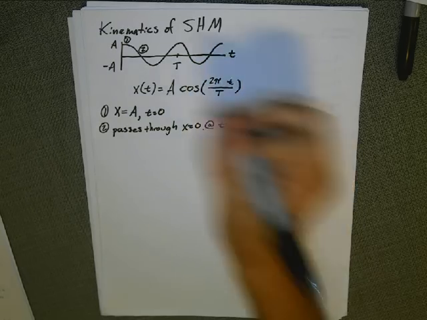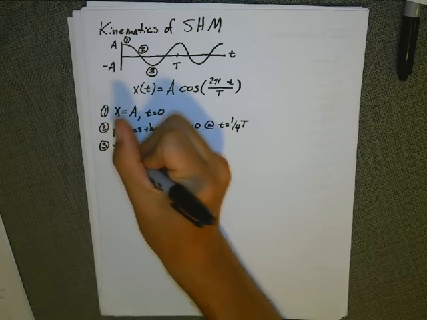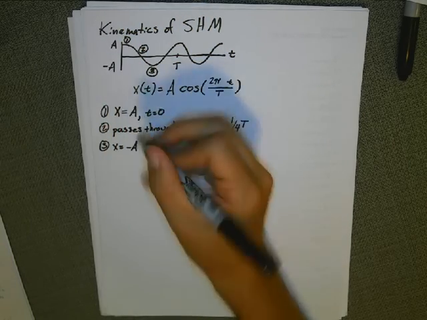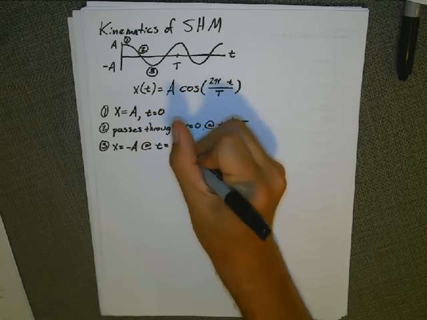At point 3, x is equal to negative A at t equals 1/2 the period.